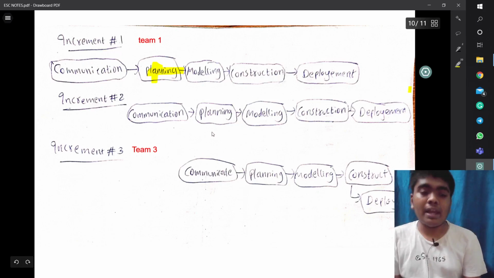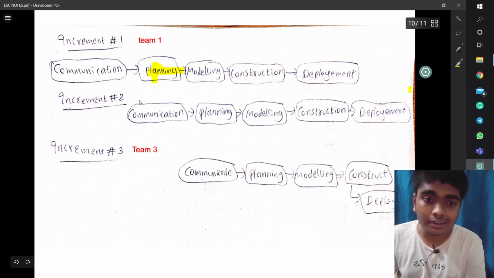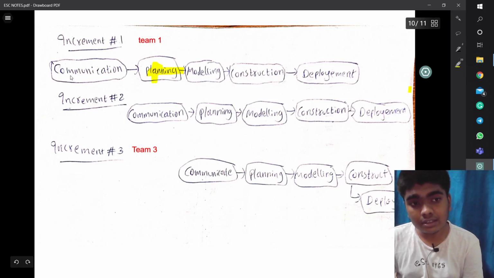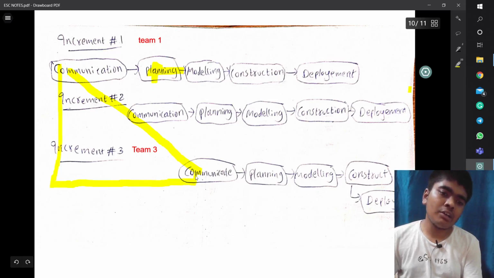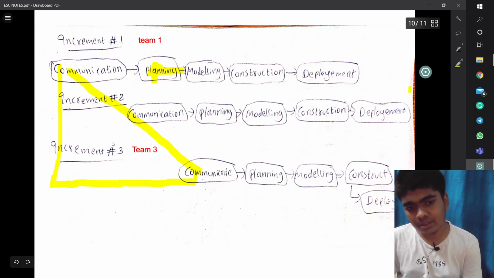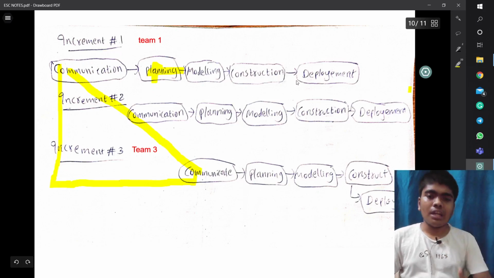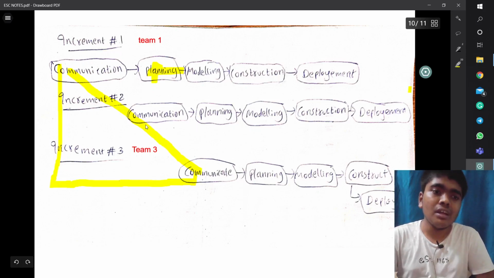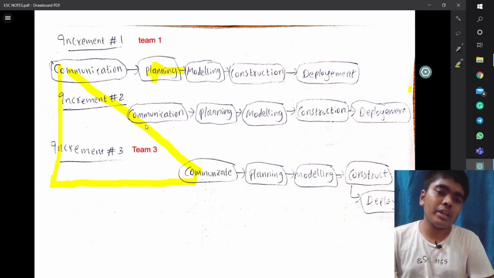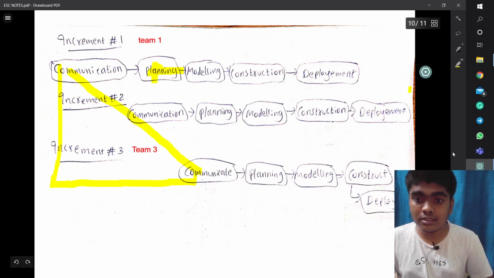Don't panic, here we are just incrementing the things. We can't consider that these 3 should be like this. 3 teams can't work at the same time. Remember this triangle so that you remember we need to increment this whole thing. At the communication stage of team 1, team 2 can't be at the deployment stage.